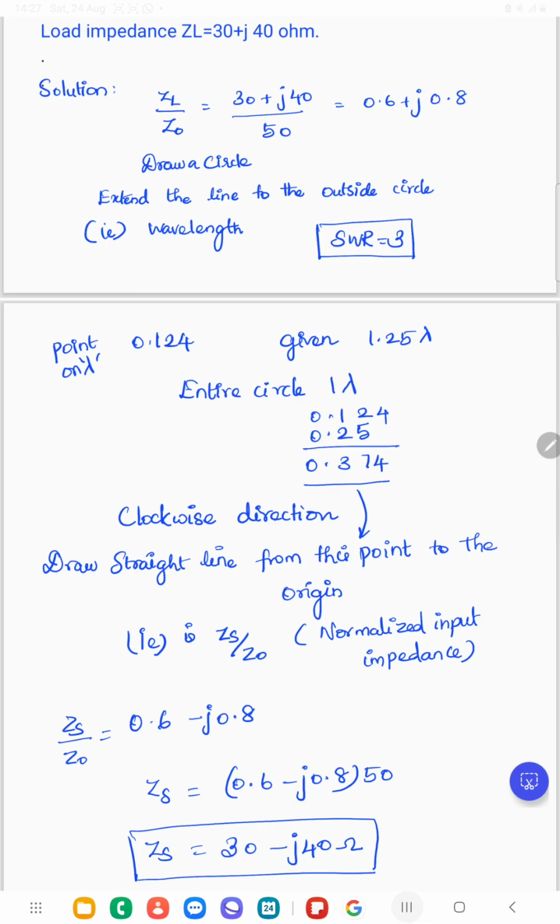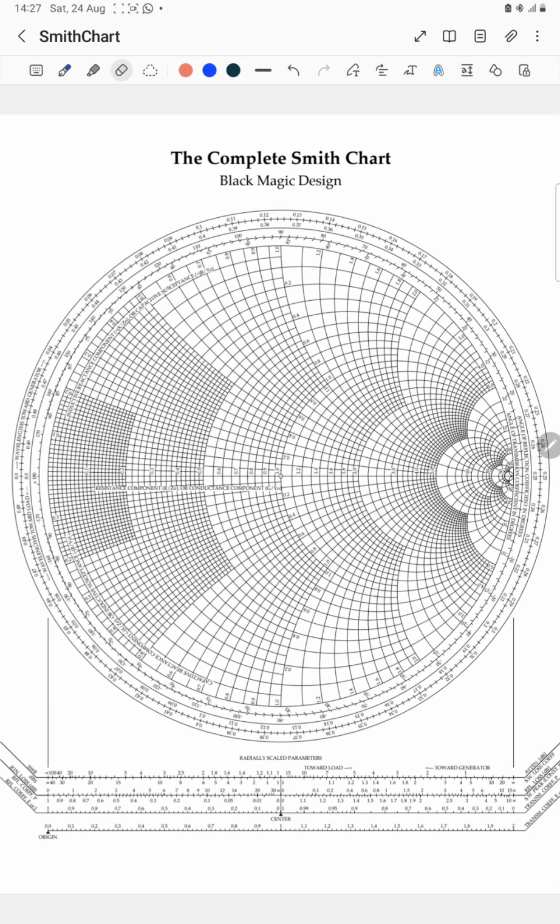If you see, we should mark this 0.6 and 0.8 here, and draw a straight line towards this, and this point is 0.124. 0.124 plus 0.25 is nothing but 0.374. So it is here, at 0.374.